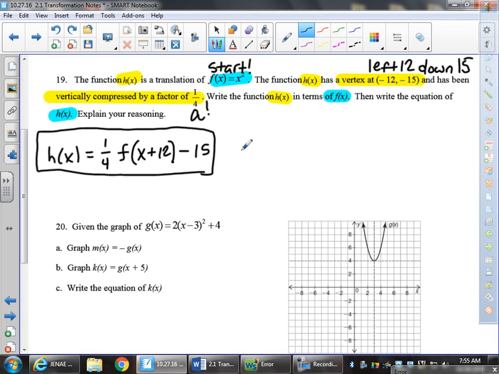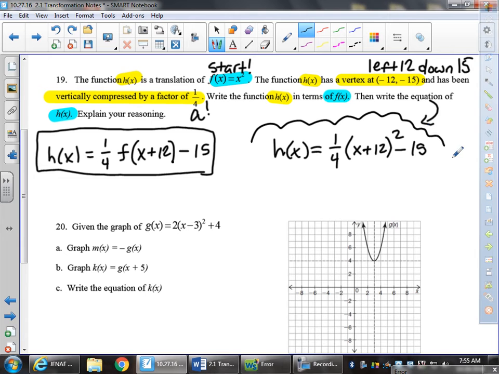So that's piece one. But now we're told, write the equation. So straight up, vertex form of this function, accounting for both of these translations, would equal what? 1/4 x plus 12 squared minus 15. So you kind of just take out the f.